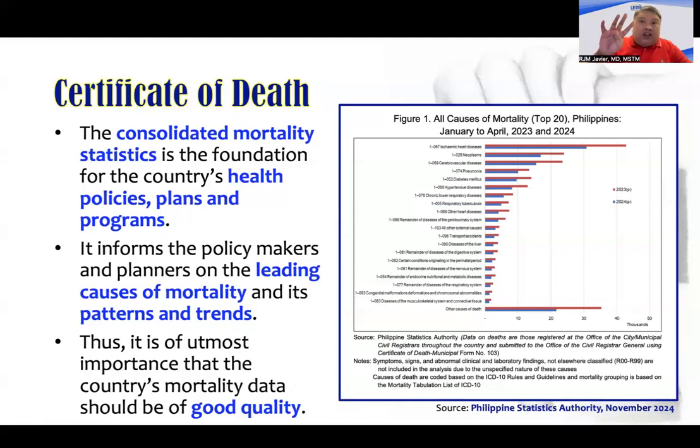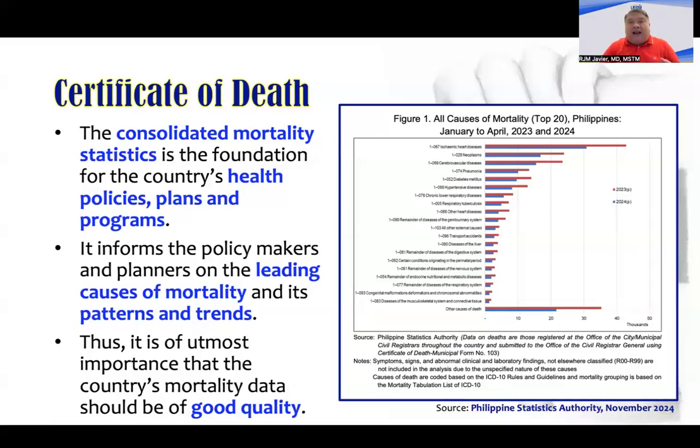And these are all non-communicable. And then you have pneumonia, which is number four, which is the only communicable disease in the top leading causes of mortality. So the number of the causes of death among Filipinos is primarily NCDs.